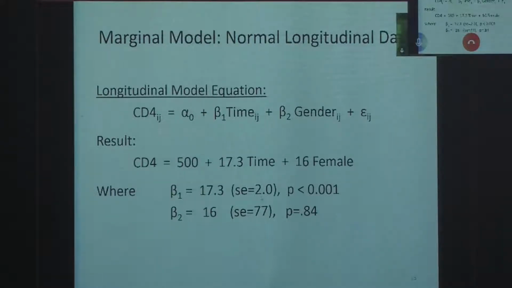That estimate has a standard error of 2. You can take the ratio, get a t-test and a p-value. You can take the estimate plus or minus 1.96 standard errors and get a confidence interval. But this is how CD4 counts change over time for everybody represented in this population.